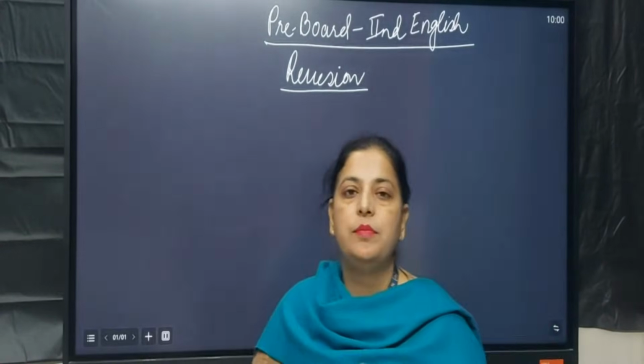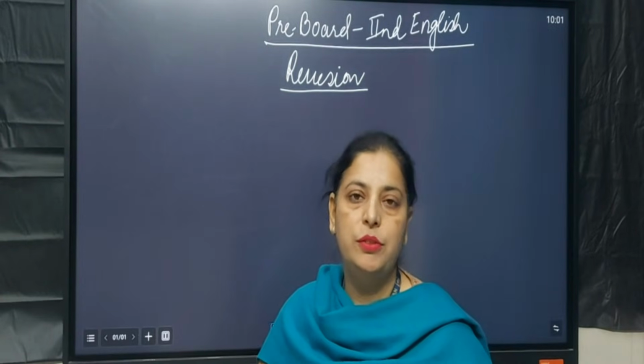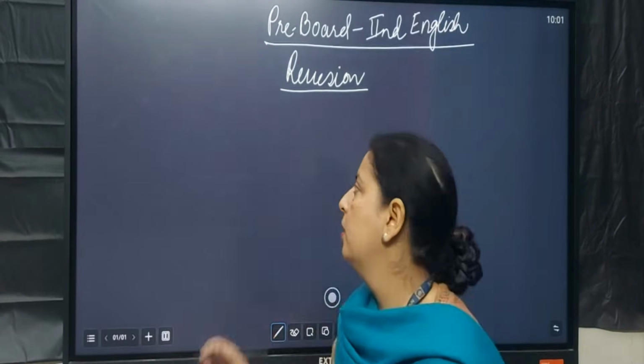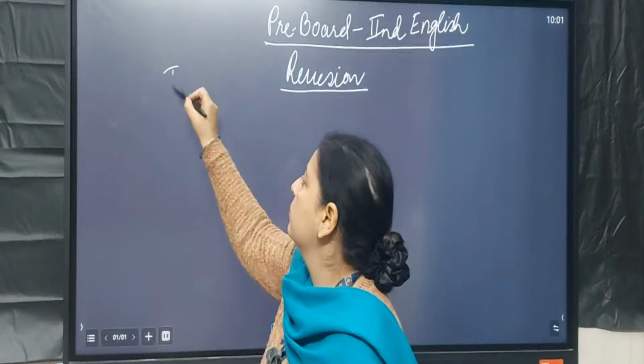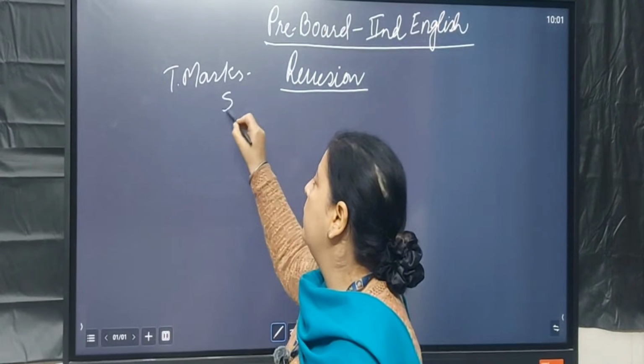So beta, the total weightage of the English paper for your 11th board exams is 80 marks.